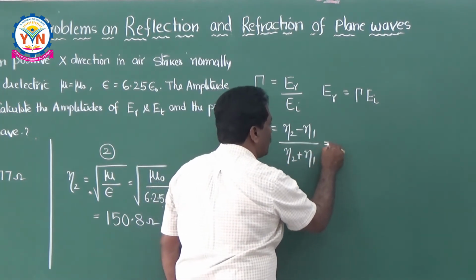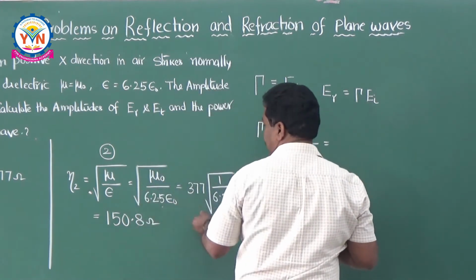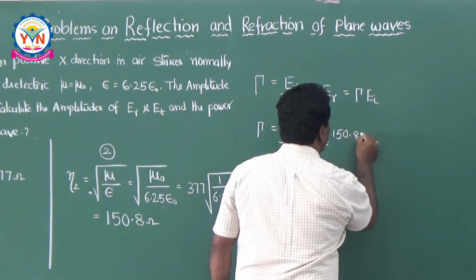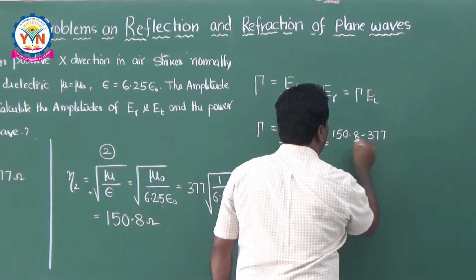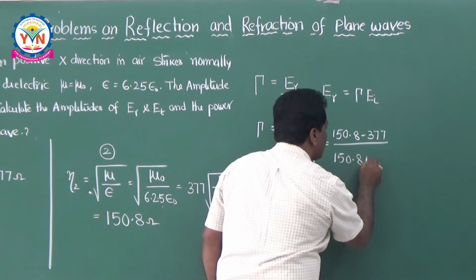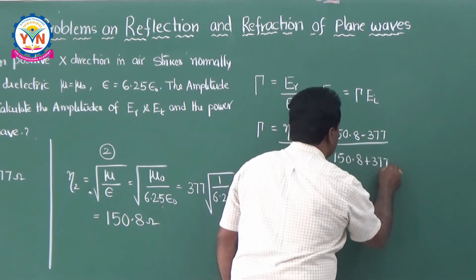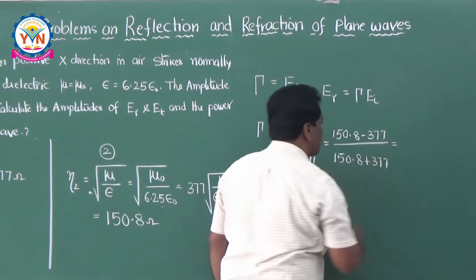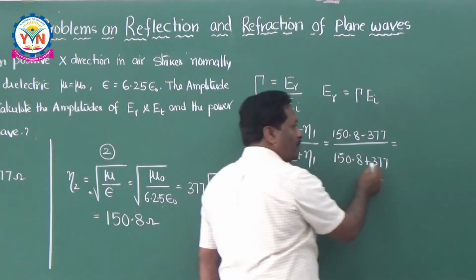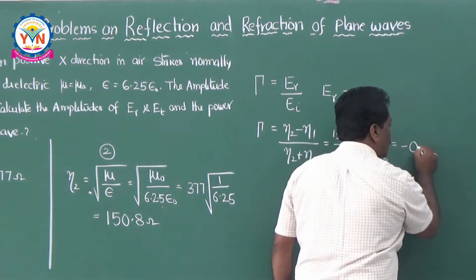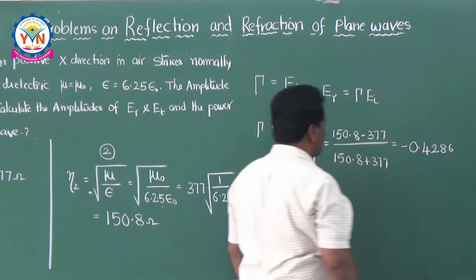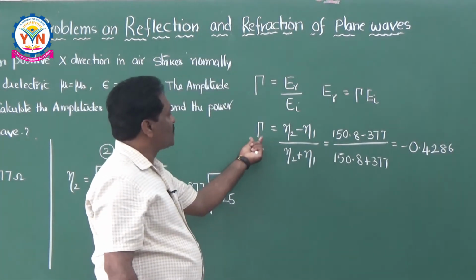That is equal to 150.8 minus 377 divided by 150.8 plus 377. If you simplify this, it will be negative because you are subtracting a big number from a small number, that is minus 0.4286. This is your reflection coefficient.